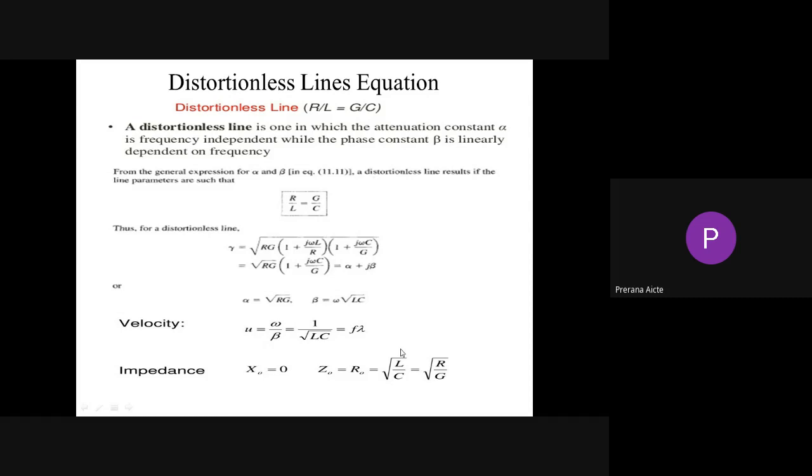That's why you see here alpha equals only R and G, with no frequency-dependent component of L and C. Whereas beta is dependent on frequency because beta equals ω, and ω equals 2πf, where f is the frequency, and jωL, jωC are frequency-dependent components. So you can write down.